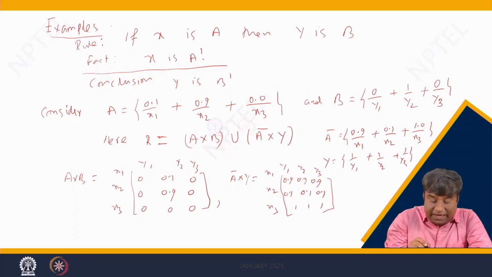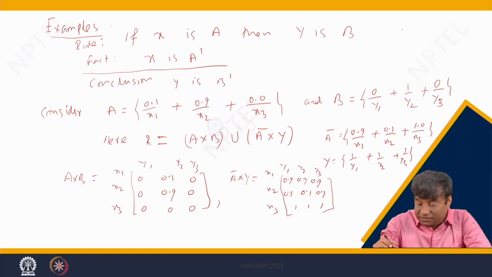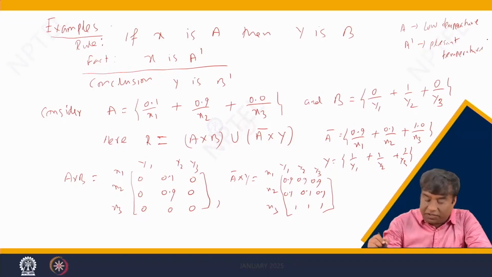A dash is slightly different from the fuzzy set A. Suppose A represents low temperature, then maybe A dash will be some pleasant temperature, something different. So we need to get the output for that B.